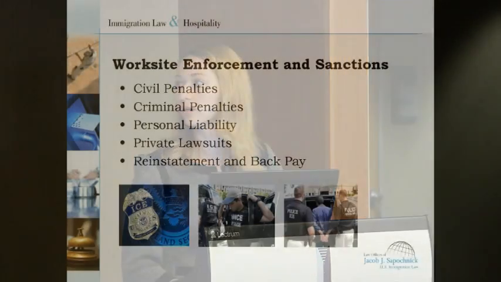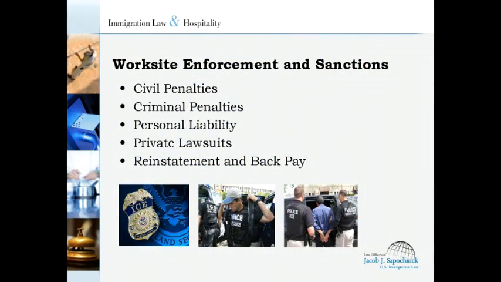So next item on my slide is personal liability. The Immigration and Nationality Act imposes liability on a person or other entity. And what it means is that the Eighth Circuit has held that personal liability can be imposed on the employer and the agent.